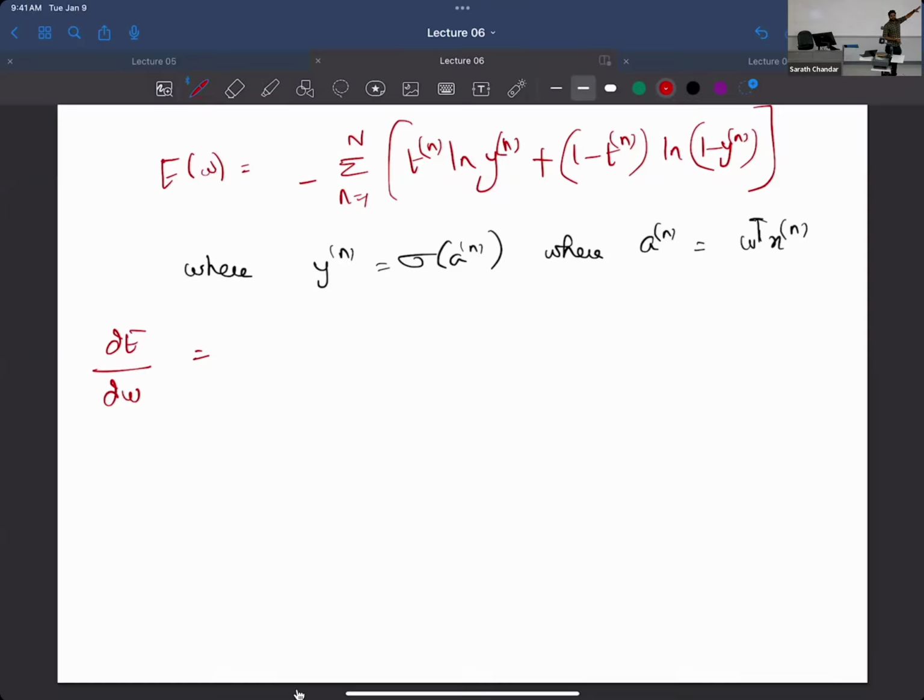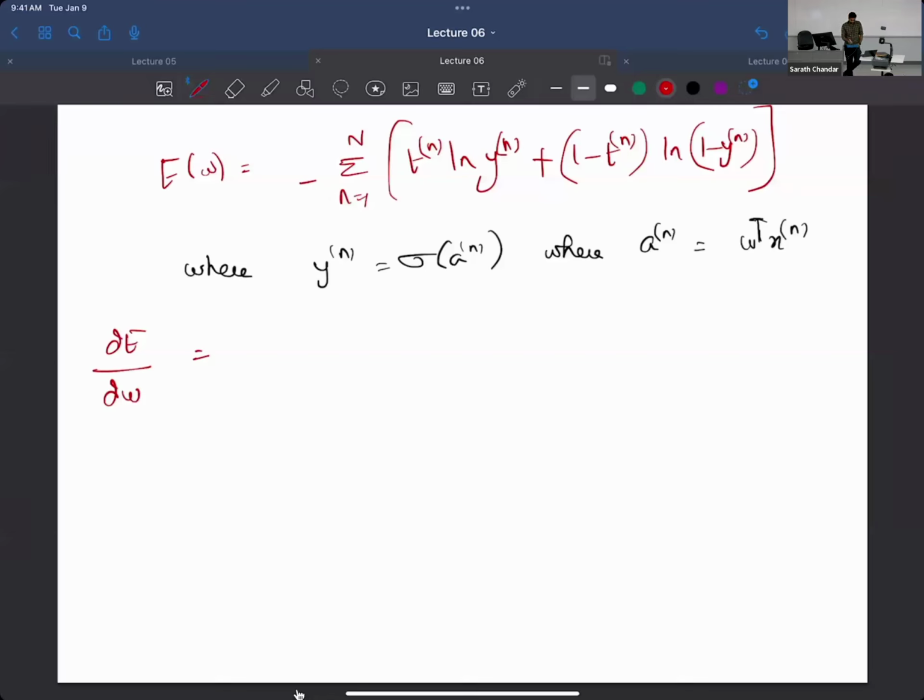So we have a recursive relationship here. E is a function of Y, and Y is a function of A, and A is a function of W. So when you want to do differentiation here, you're going to apply the chain rule of differentiation.